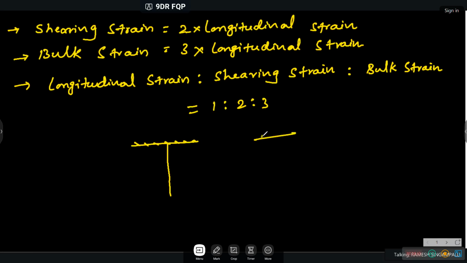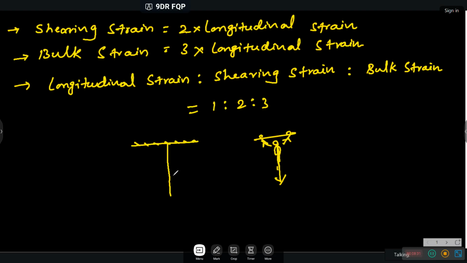Suppose you just hold your hands like this and stand: tensional force is produced and some force pulls down because of its own weight. Am I right or not? Because of this, some elongation happens.